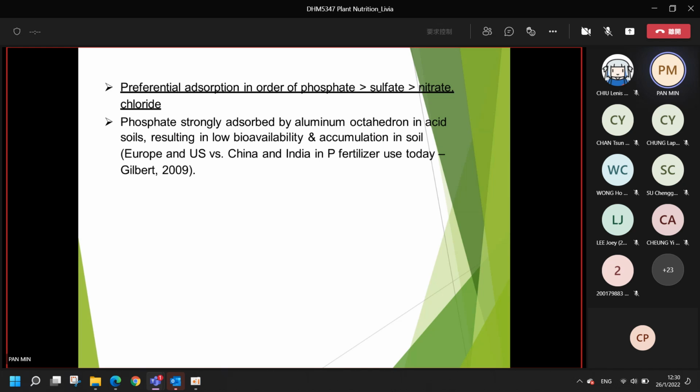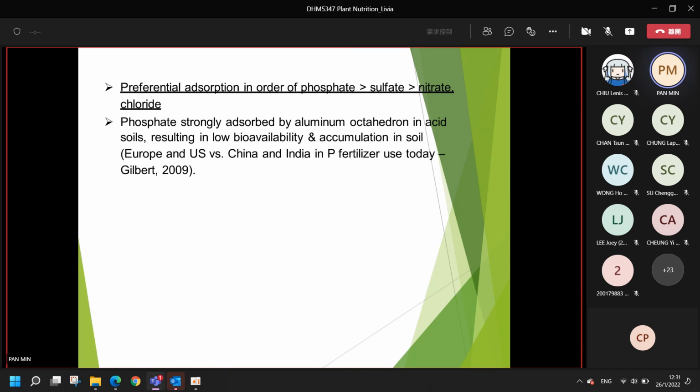And the preferential adsorption is in the order of phosphorus larger than sulfate, larger than nitrate and chloride, and it is also related to the valence. As we mentioned, the divalent has a stronger binding energy than the monovalent, the same as CEC. AEC is also the same as the CEC on this point.